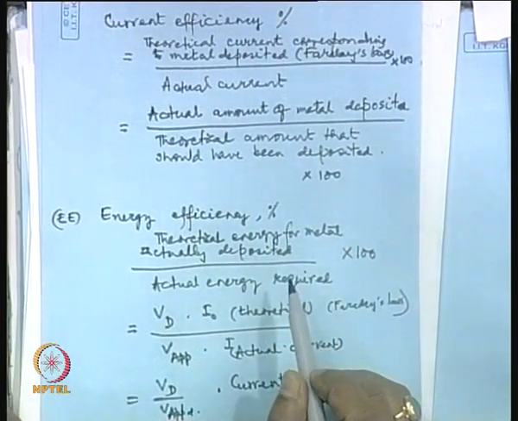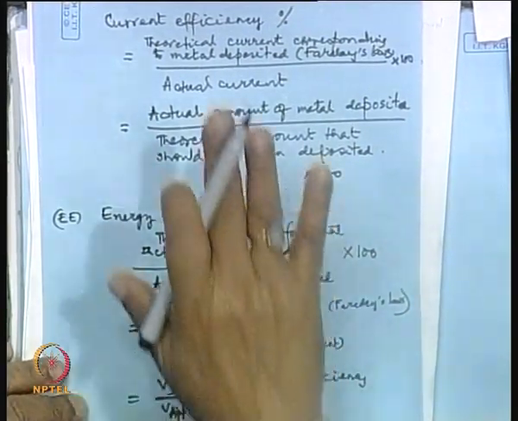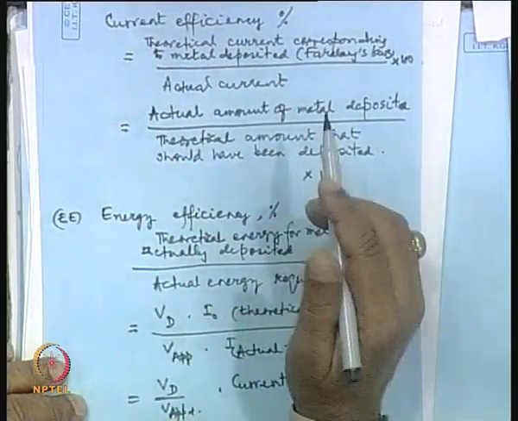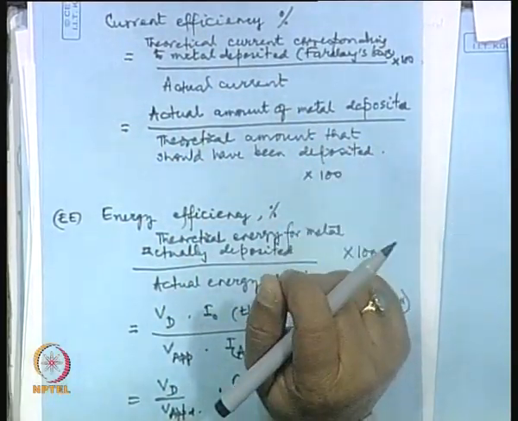Then there is another term called energy efficiency. Now, before you go to that, you must understand why the actual current required to deposit a certain amount of metal is always more than the theoretical current you require to deposit that amount of metal. The explanation is very simple. In the cell, there may be other reactions taking place also, which means some current is doing things which you do not want the current to do.